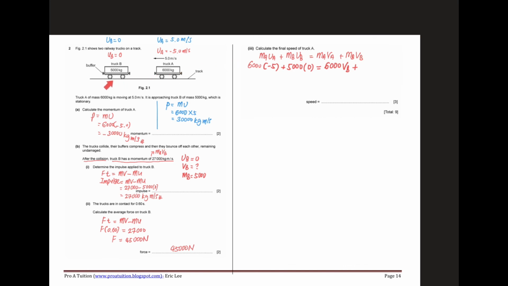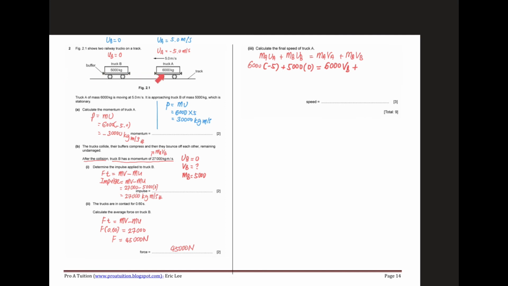In fact, when you put it here, you have to put negative 27,000. This truck A collides with truck B, then truck B will move to the left. Move to the left will be negative. So you go and count the momentum. For sure you get negative 27,000.